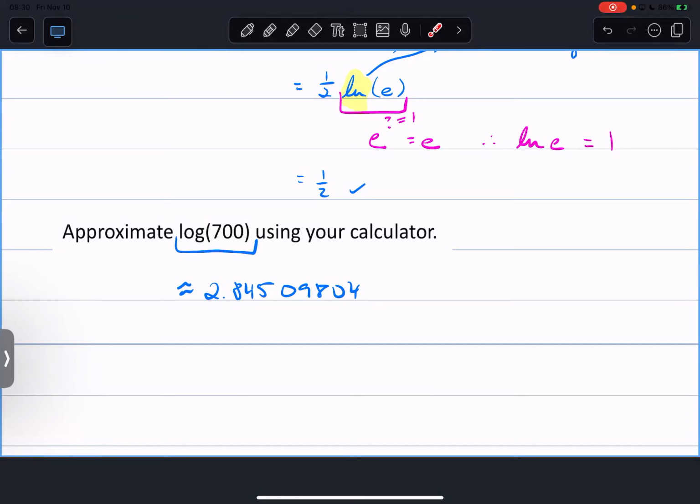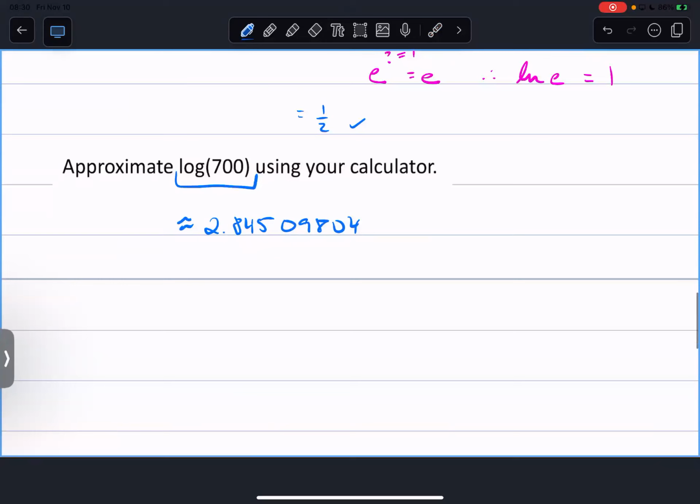All right, let's type it in. How can we check? 10 to the power of this should equal exactly 700. 10 to the power of 2.845098804. Does it equal exactly 700?